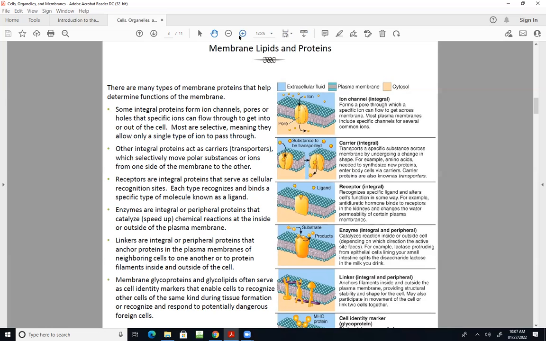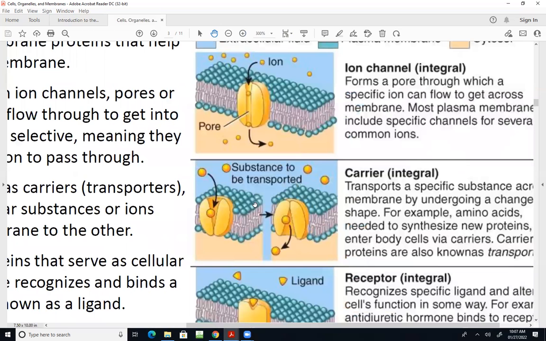The difference, it looks like in this illustration that there are two different proteins, two different carriers. Well, it's actually the same carrier in one position, and then here it's showing it changing its shape.